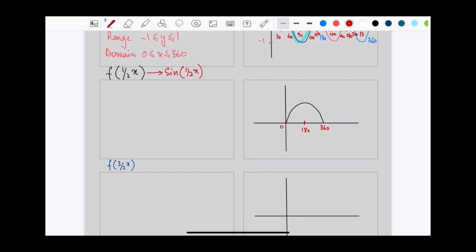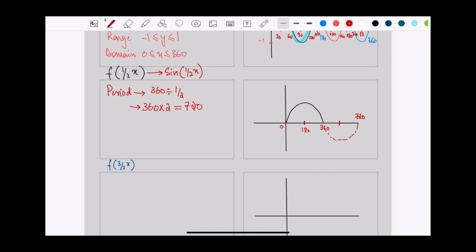And if someone asks me to complete the wave, it will take another 360 degrees to complete, and hence 720, and this is halfway. So the period of this wave is 360 divided by 1 over 2, which makes it 360 times 2, which equals 720.